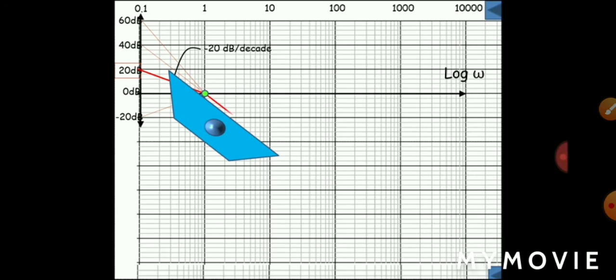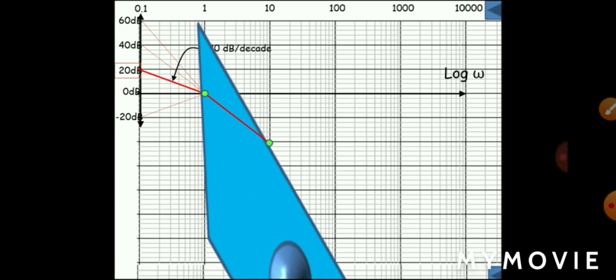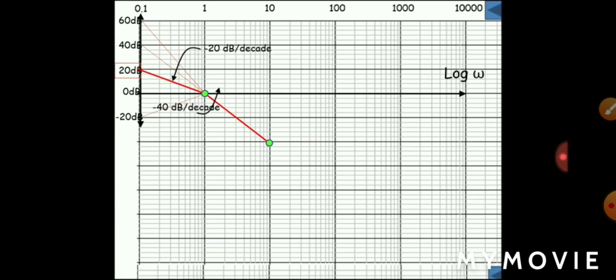Similarly, zeros mean plus 20 per decade, right? So I kept the scale at minus 20 per decade, then I draw from point 1 to 1, because 1 is the omega c1 value.